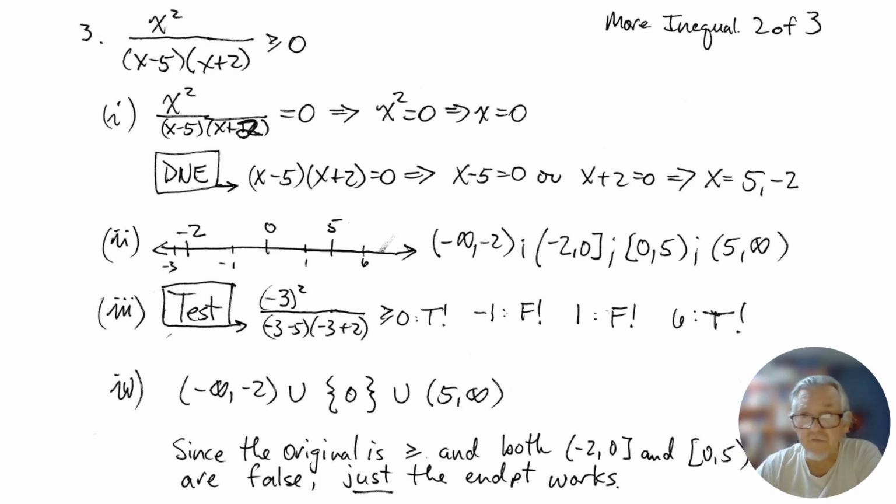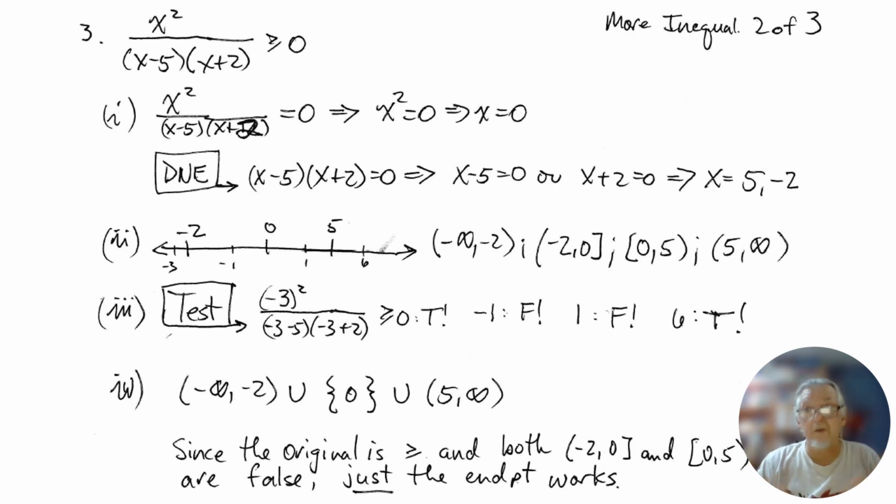But these intervals, bracket, literally bracket, 0, right? From -2 to 0, bracket, from 0 to 5, bracket, at 0, right? And since the original inequality includes greater than or equal to, we know that at the endpoints it works.